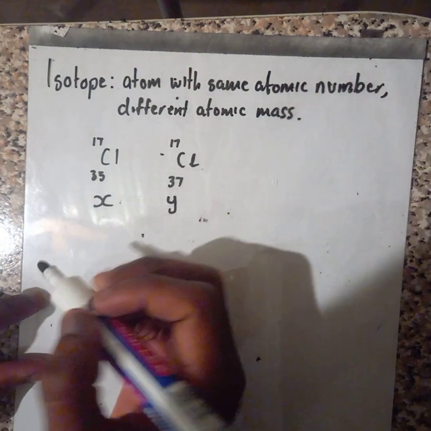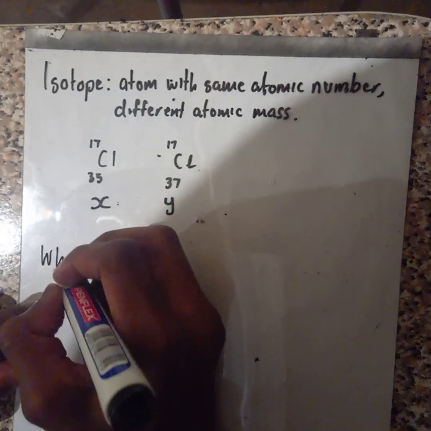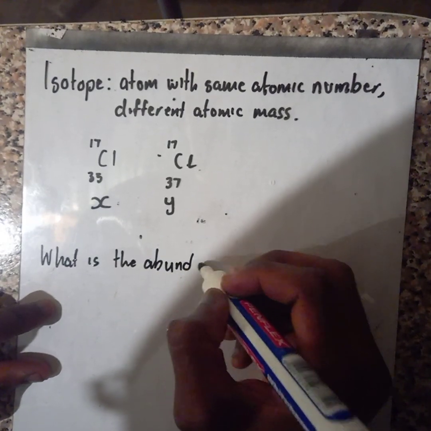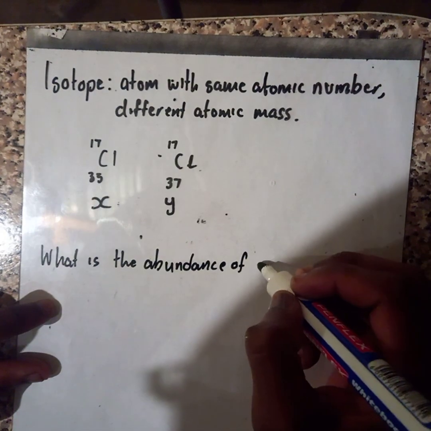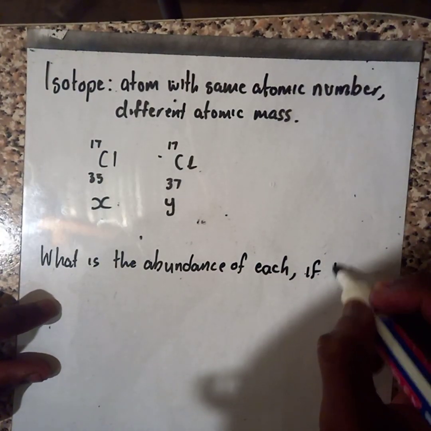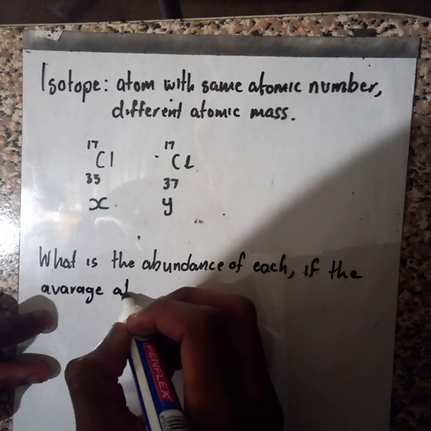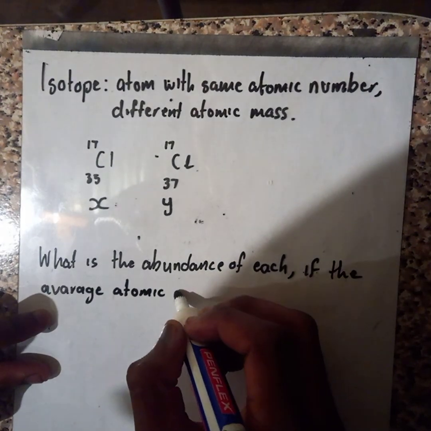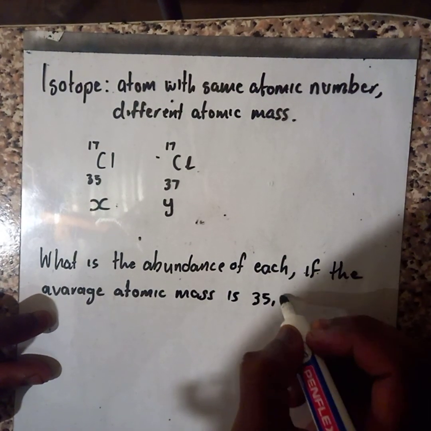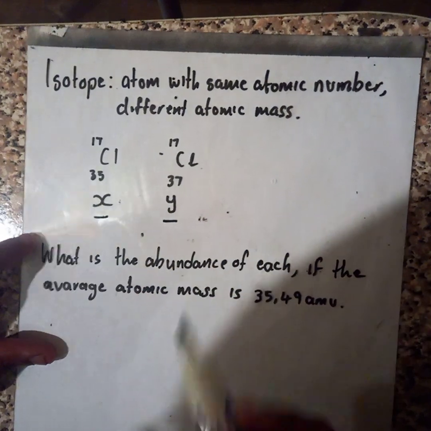Let's say they ask, what is the abundance of each atom if the average or relative atomic mass is 35.49?